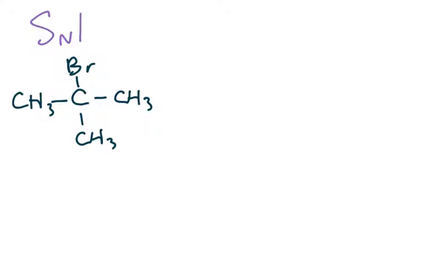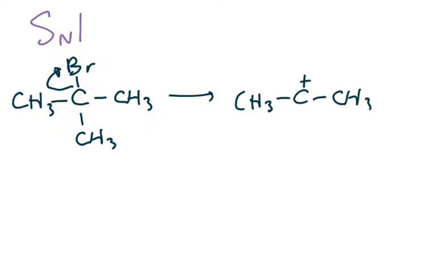We're going to do this weird thing where bromine is going to leave all by itself. And this is going to create something called a carbocation. So carbo, carbon, cation, positive charge. Because the bromine went off to be negative, right? So we have to have something that balances that out, and that something is this carbocation.